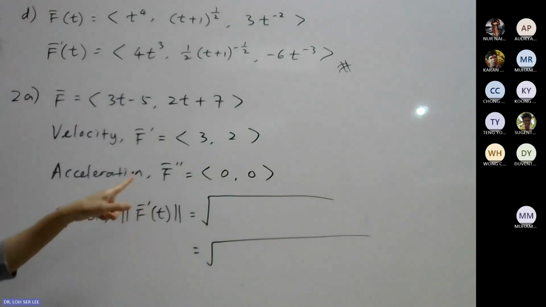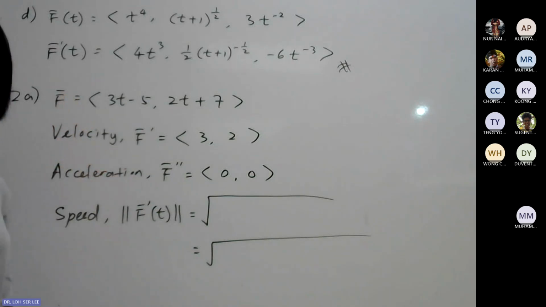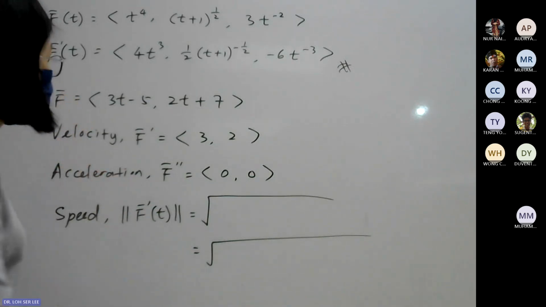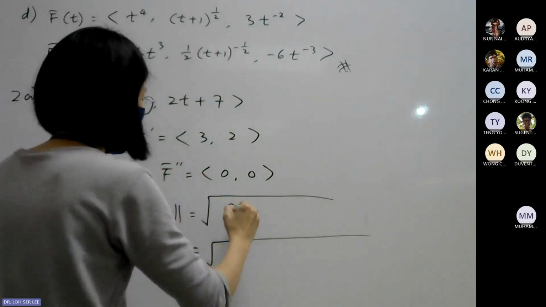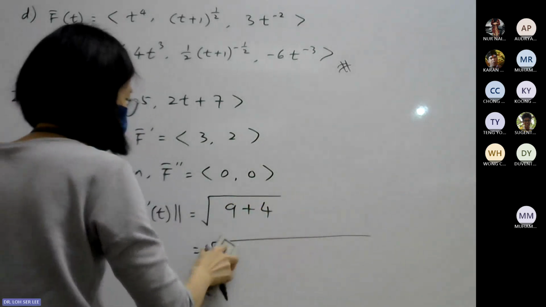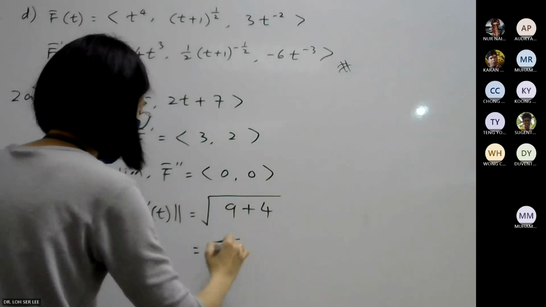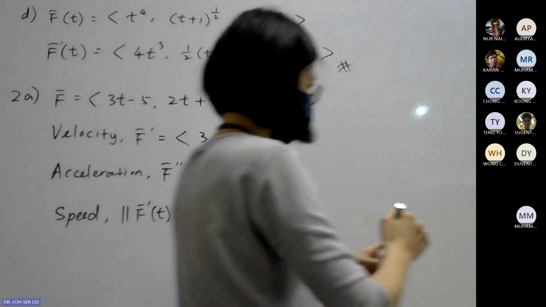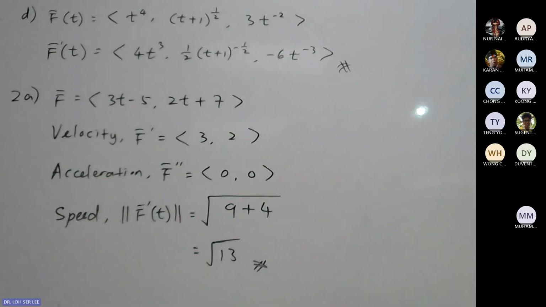The speed is the magnitude of velocity. So 3 squared and 2 squared, you get 13. So 13.